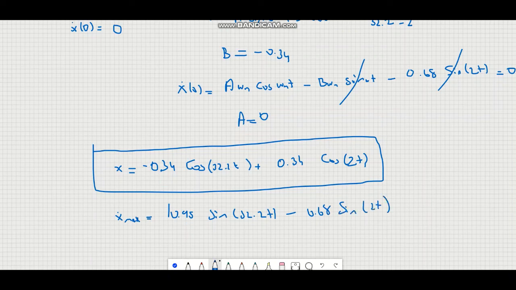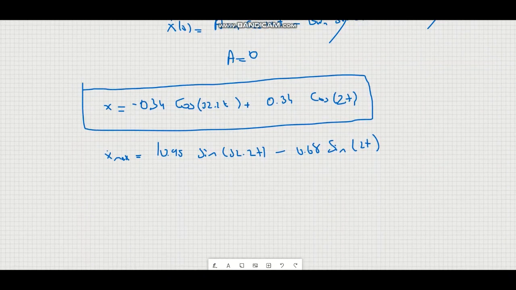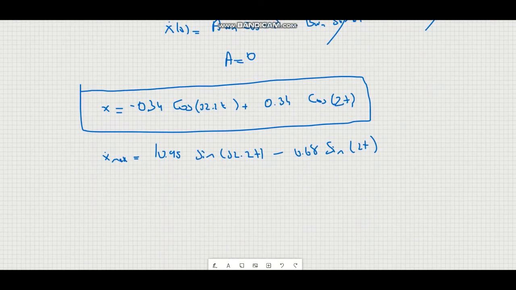Okay, so we need to maximize this. To maximize it, the sine term is going to be close to 1, which gives 10.95, when time is 1 over 32.2.